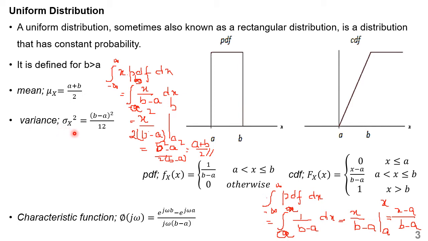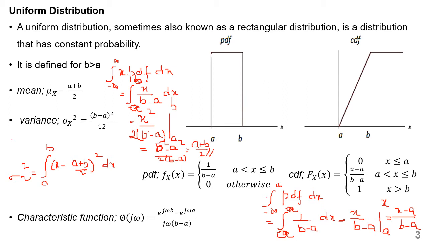Then you can also calculate the variance. Sigma x square is equal to b minus a whole square by 12. This can be computed using the formula for the variance of x, that is sigma x square, which is the integral from minus infinity to infinity, in this case a to b, of x minus mu x, where mu x is given by a plus b by 2, whole square dx.